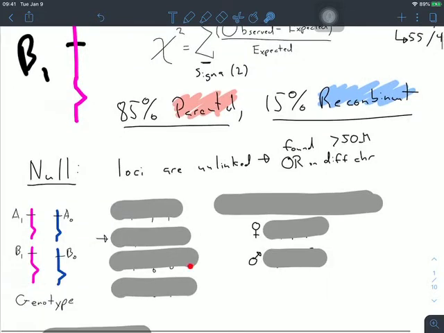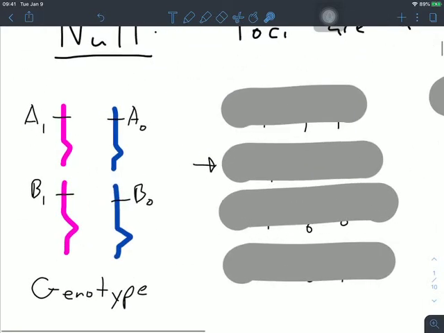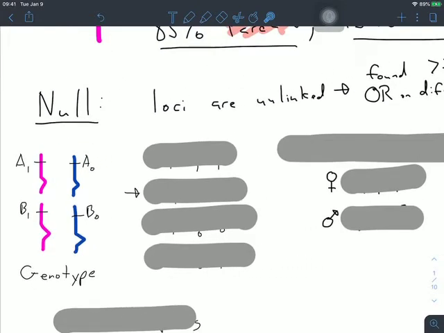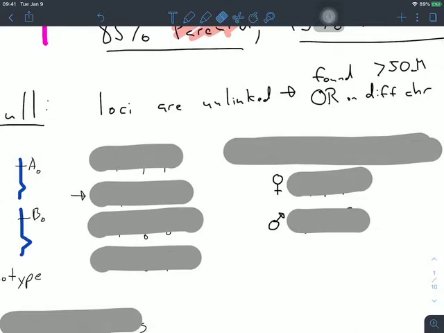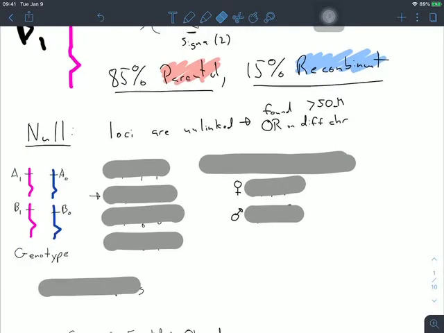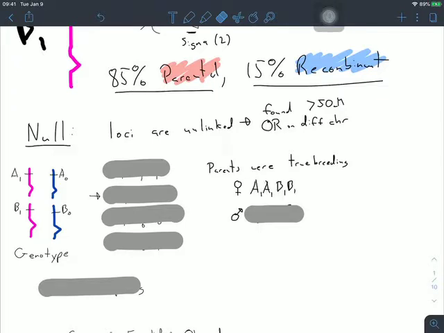In order to do this problem, we'll draw out our genotypes like this. You're always going to need to be given some information about parentage. So in this case, we know that our parents were true breeding, meaning that both parents were homozygous, not homozygous dominant, not homozygous recessive, but in this case, mom was homozygous A1A1, B1B1.